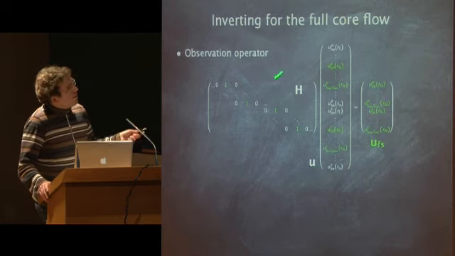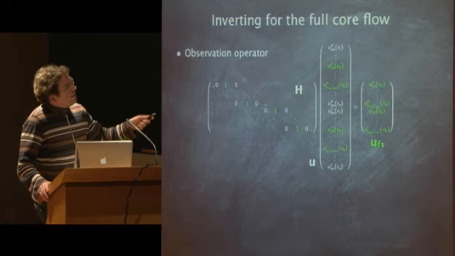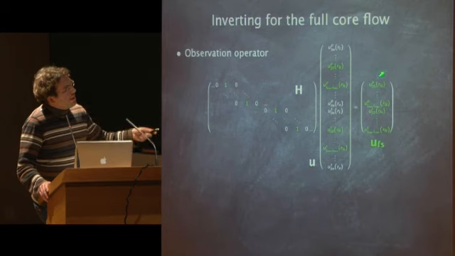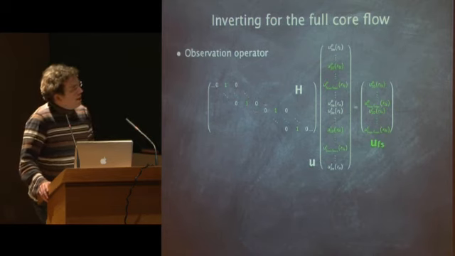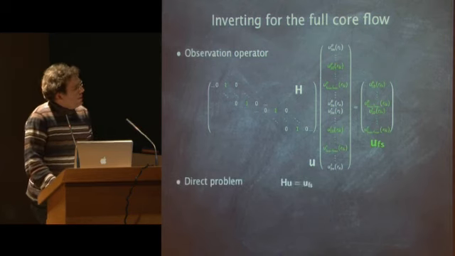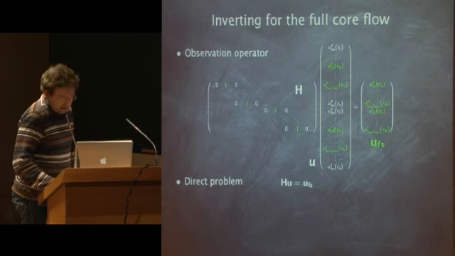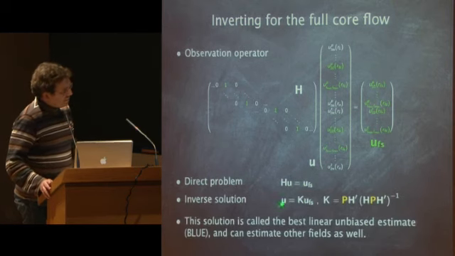If I define an observation operator H that takes a velocity vector u to produce only the part UFS that I just determined, I can solve again an inverse problem based on this direct problem here. And the inverse problem is going to be that one.